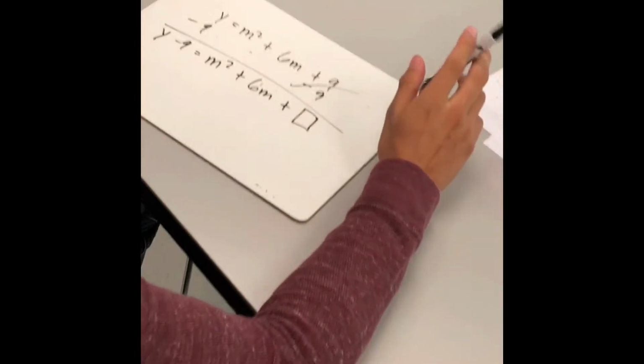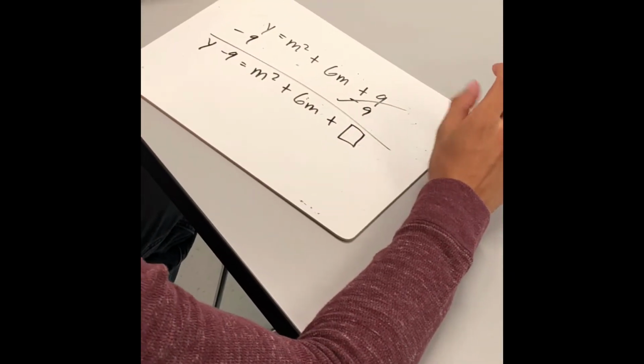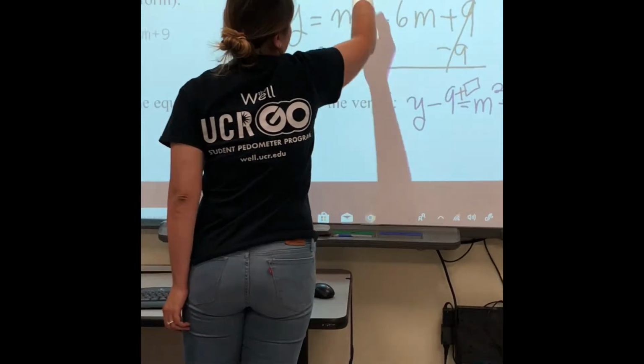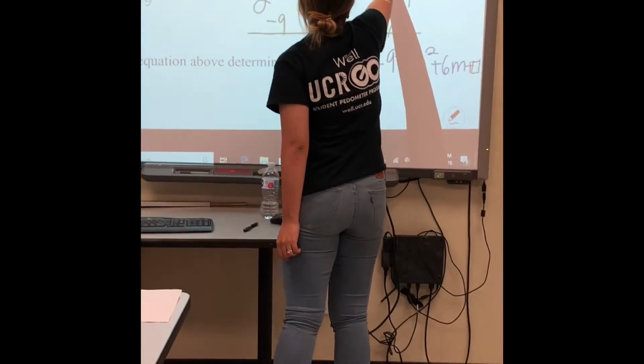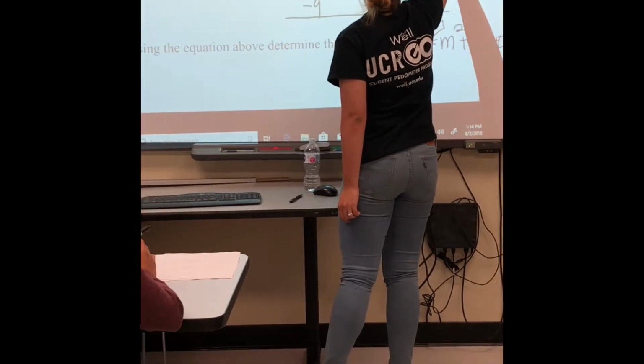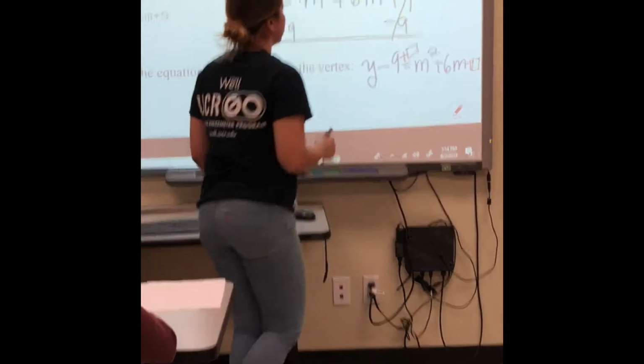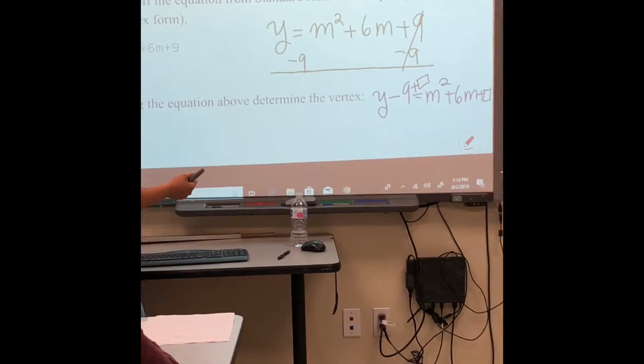B, you have to take B and divide it by 2 squared. Good. So it'll be 6 divided by 2 squared, and 3 squared is 9. So there is a box. Again, Tim, how did we get the number inside the box?